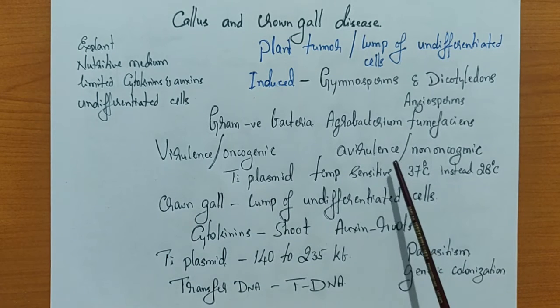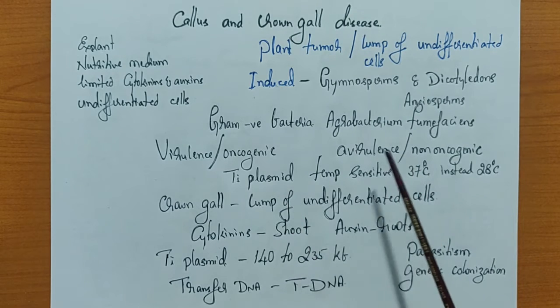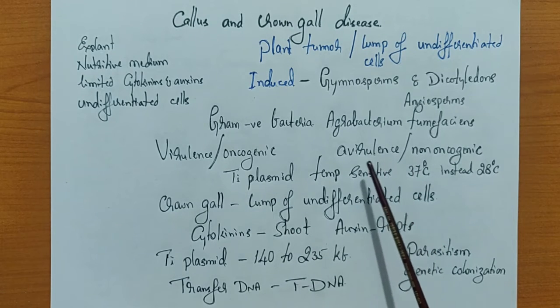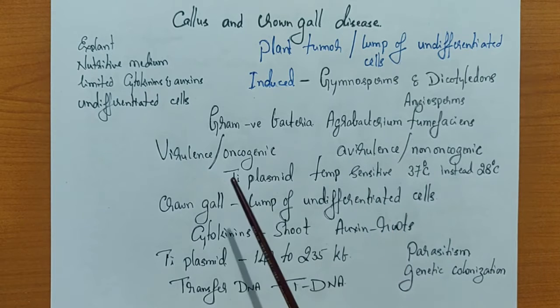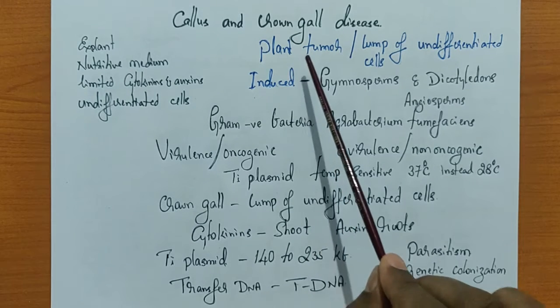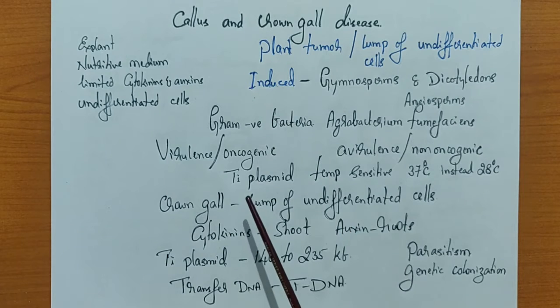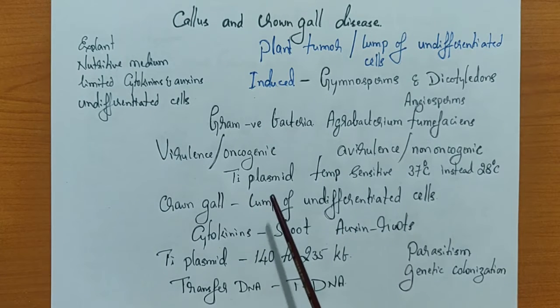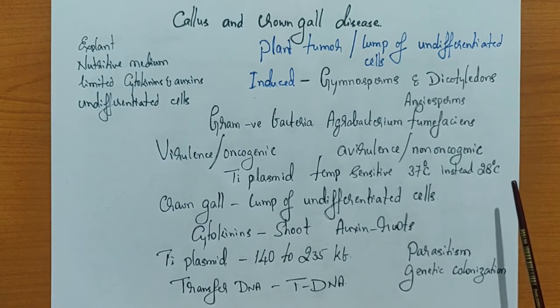On the other hand, if you take an avirulent strain and harbor a Ti plasmid in it, then the avirulent will become virulent. In other words, the capability of this Agrobacterium tumefaciens to induce plant tumor lies in the extrachromosomal Ti plasmid.